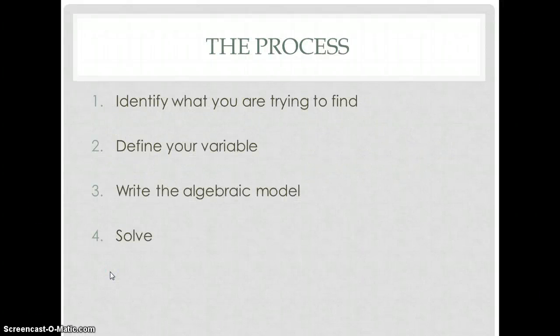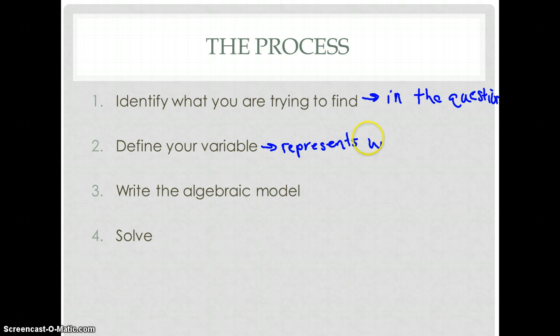Here's our process. Identify what you are trying to find. This is in the question. Define your variable. This represents what you are trying to find, so it corresponds with that first step.